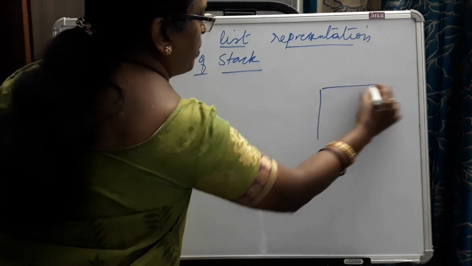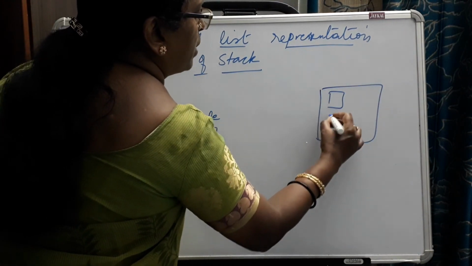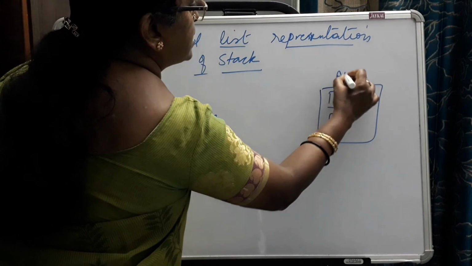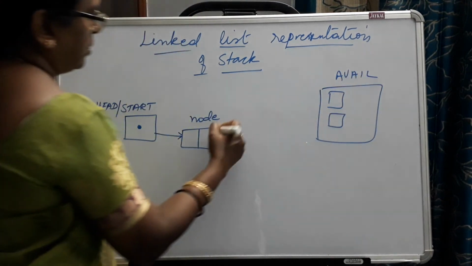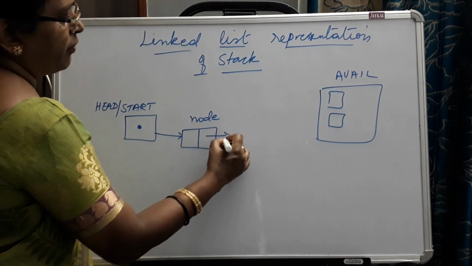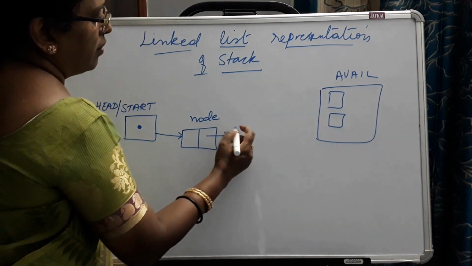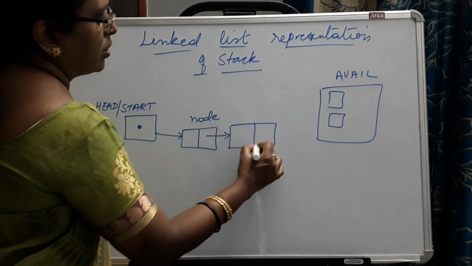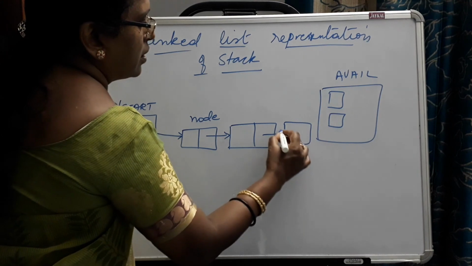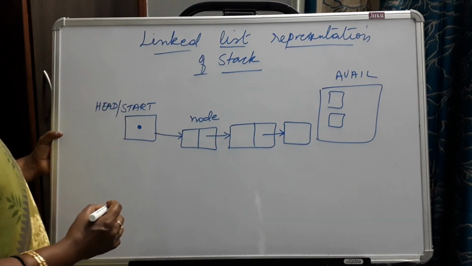Wherever there is memory available in the avail list is picked, and the link is given from each node to the other node.